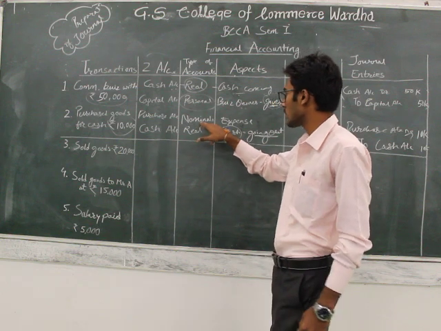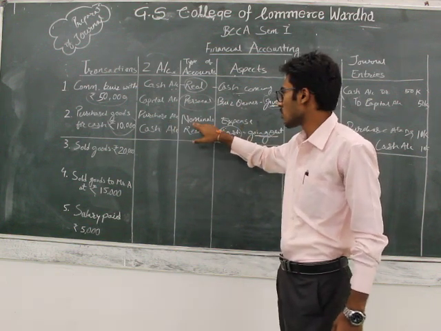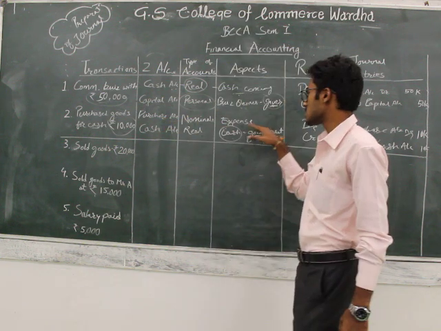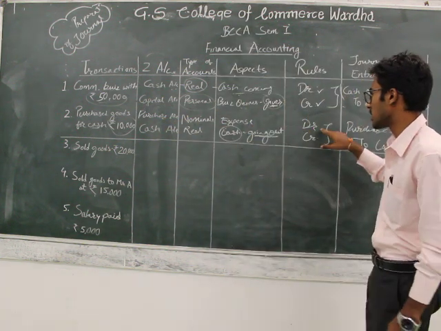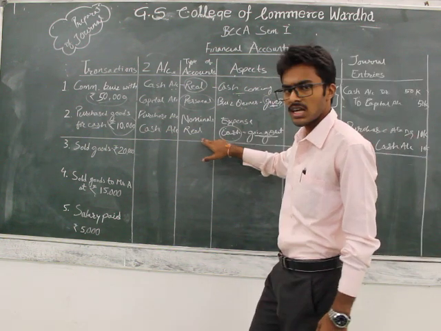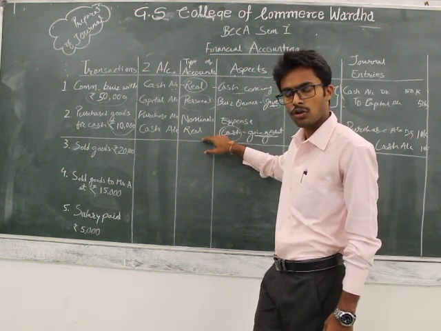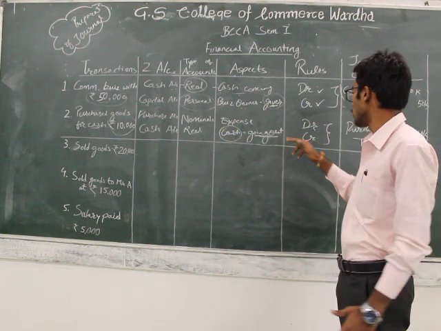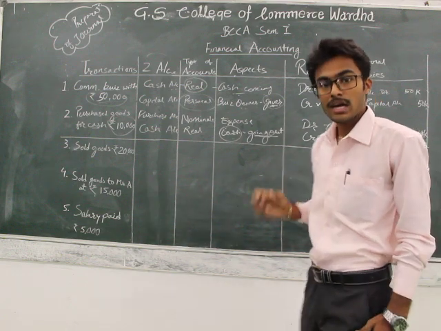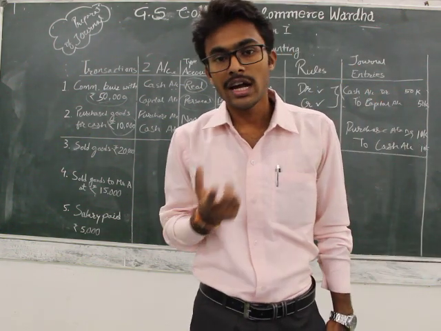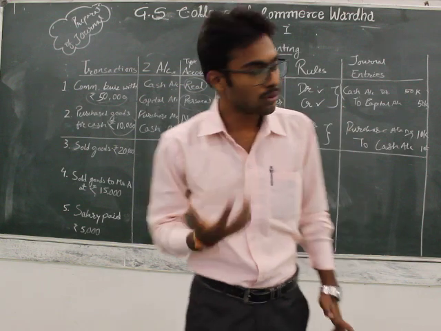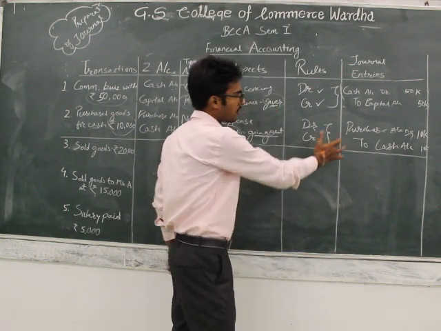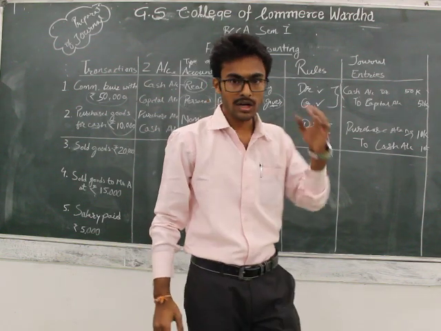Purchase is a kind of expense, and an expense should be debited. The golden rule for real accounts is debit what comes in, credit what goes out. Here cash is going out, so cash will be credited. Hence the combined entry is purchase account debited to cash account.